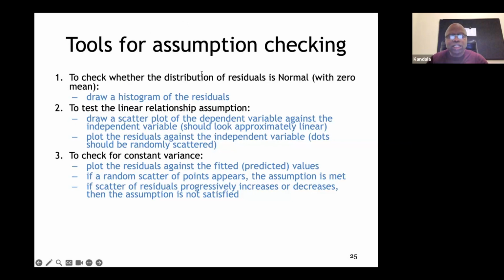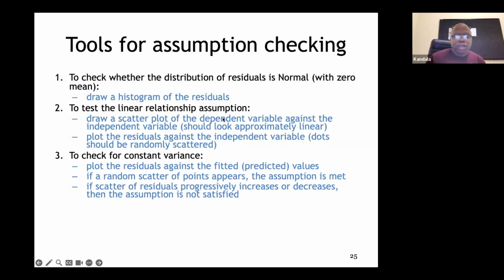The second question is, what is meant by independent and dependent variable linear? So let's start with the first one. What is meant by independent and dependent variable linear?